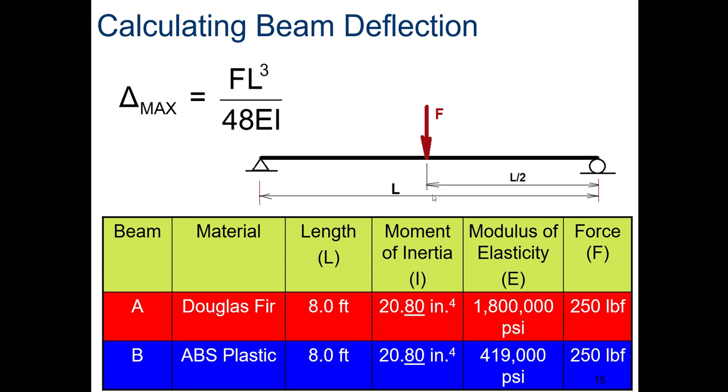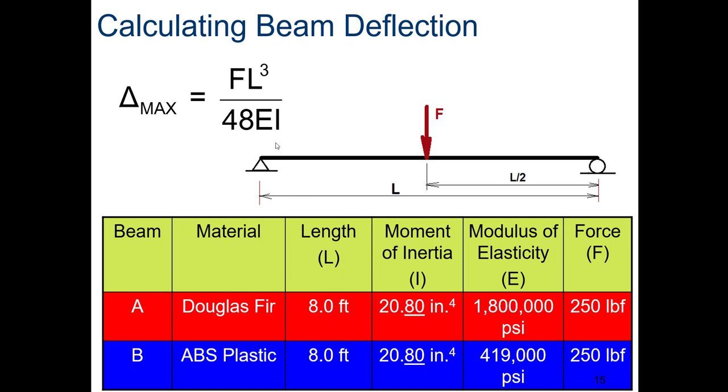Notice that L is the distance between the supports. So this is 8 feet from here to here. If this board were 10 feet long, overhanging by a foot on each end, and they told us from end to end is 10 feet, but from here to here is 8 feet, we would still use the 8 feet.